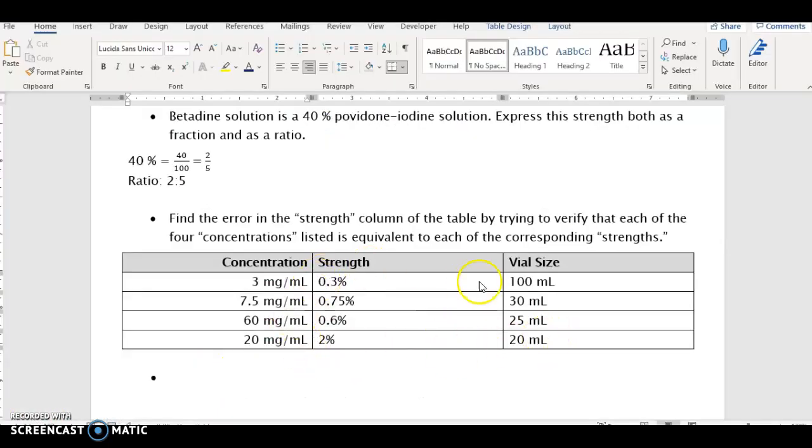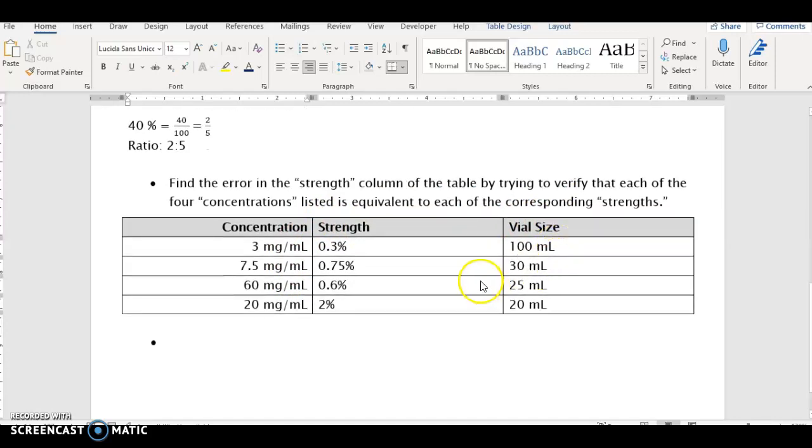Here's the table that I made up, and it looks just like the one you see in problem 9. Once again, the instructions say find the error in the strength column by trying to verify that each of the 4 concentrations listed is equivalent to each of the corresponding strengths. You don't necessarily have to verify all of them, although you can.